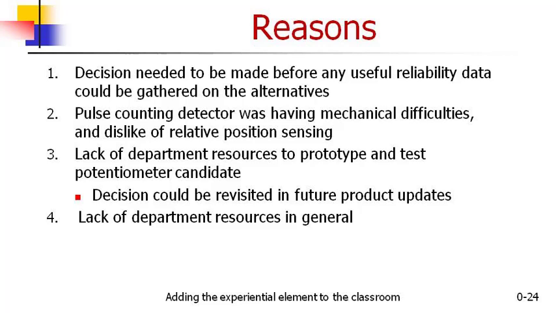But recognizing that this decision could be revisited in future product updates, and there was a lack of department resources in general, once we had the system built and deployed, we might then take the time to actually run some experiments on the potentiometer and see if it could be made cheaper and as or more reliable than the optical encoder.